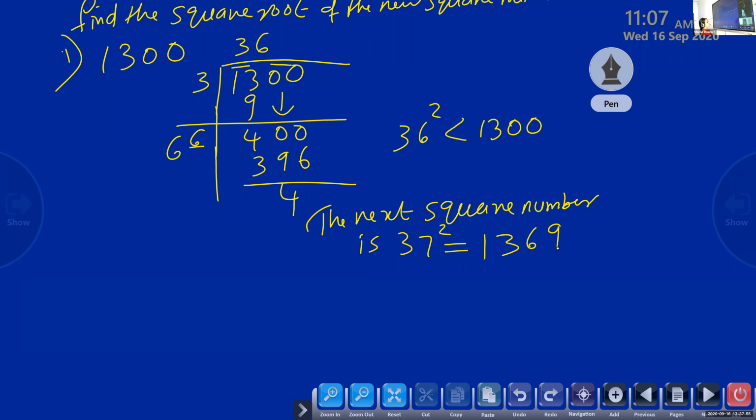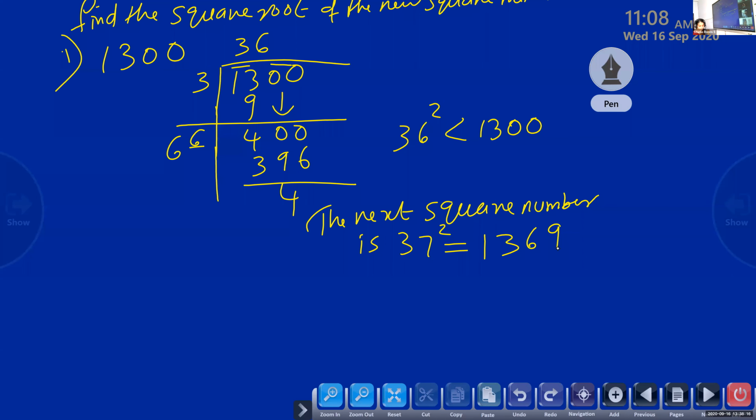So our question is, how much should we add to 1300? How will we get that? We will subtract 1369 minus 1300.